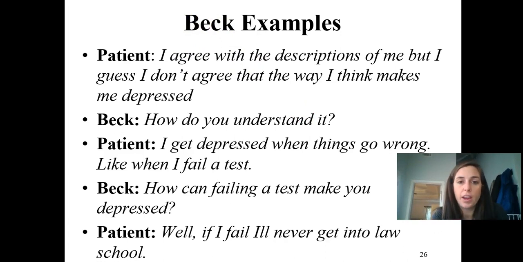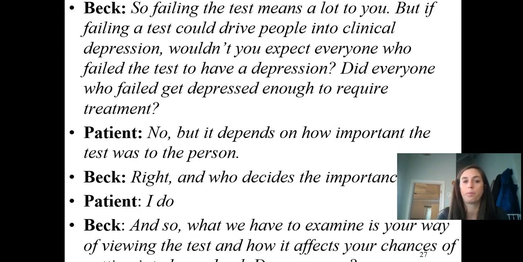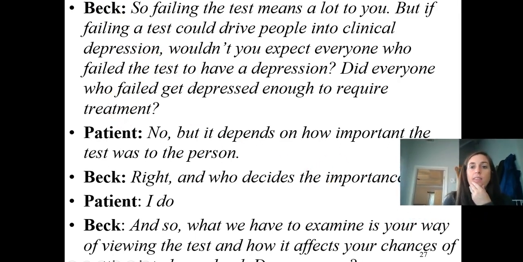Okay, patient: I agree with the descriptions of me, but I guess I don't agree that the way I think makes me depressed. Therapist: Well, how do you understand it? Patient: I get depressed when things go wrong, like when I fail a test. Therapist: How can failing a test make you depressed? Patient: Well, if I fail, I'll never get into law school. Therapist: So failing the test means a lot to you.